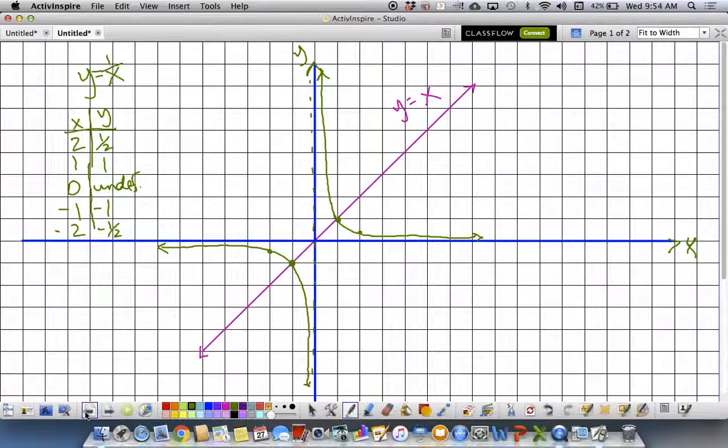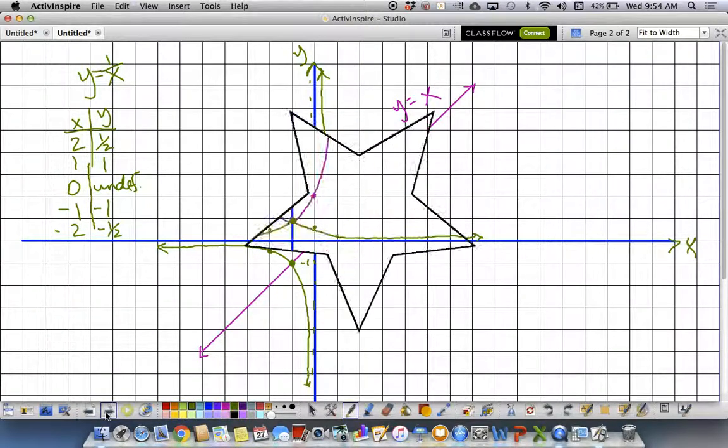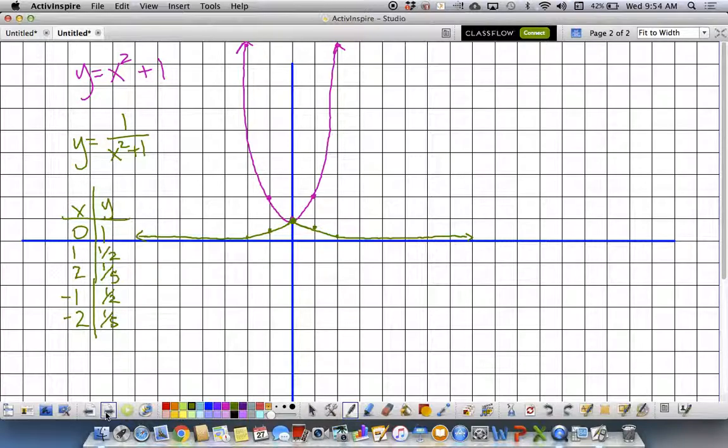At 1. If you ever have a y value of 1 or negative 1, they will be the same at both points. It will be on the reciprocal function and the original function. Does that make sense?